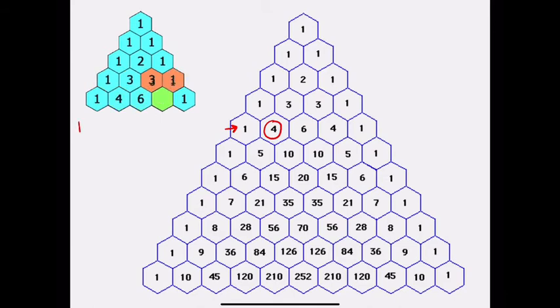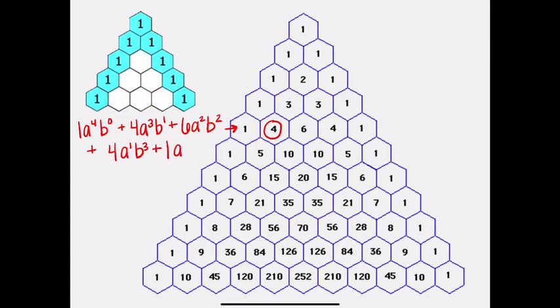So when we write out our expression, it's 1a to the 4, b to the 0, plus 4a to the 3, b to the 1, plus 6a to the 2, b to the 2, plus 4a to the 1, b to the 3, plus 1a to the 0, b to the 4. Just stepping those up and down.